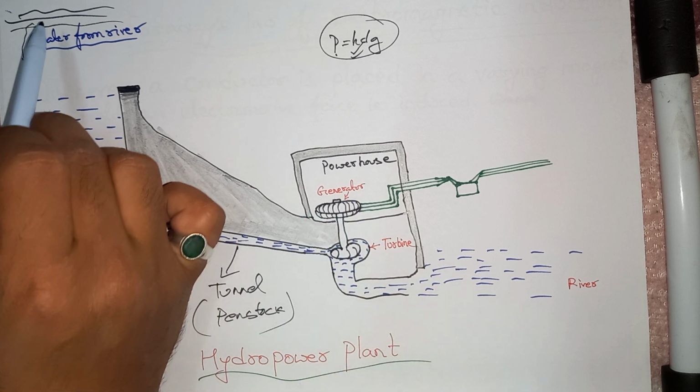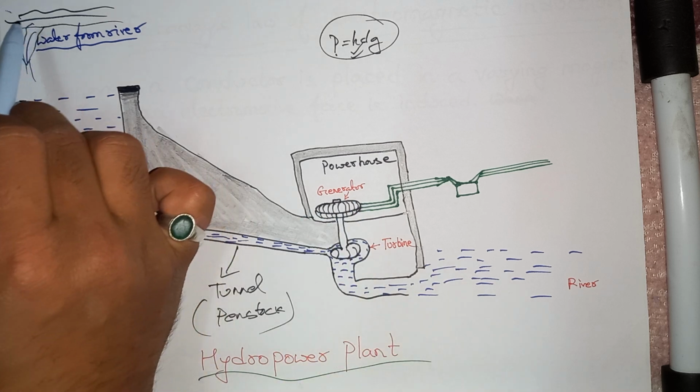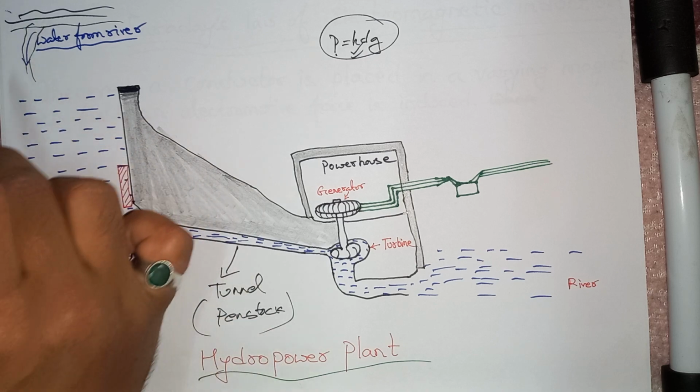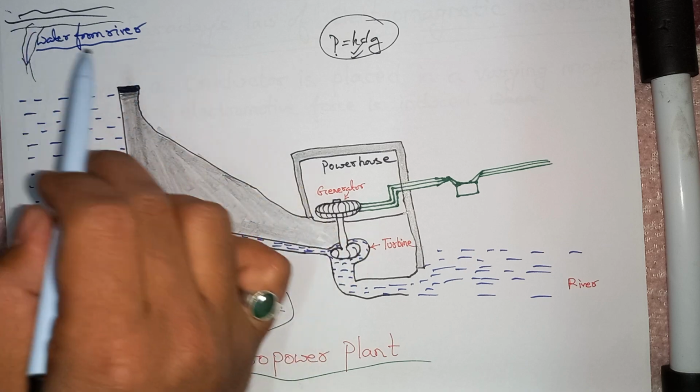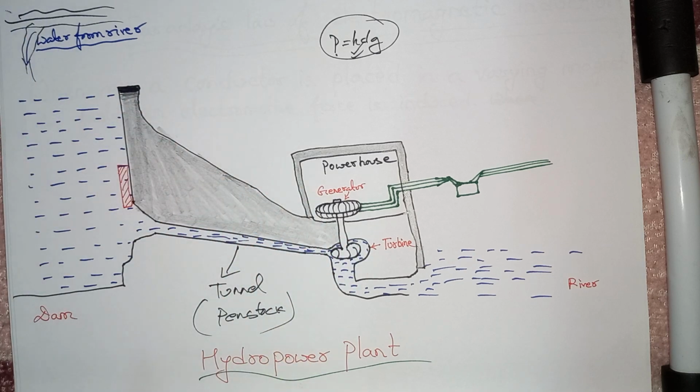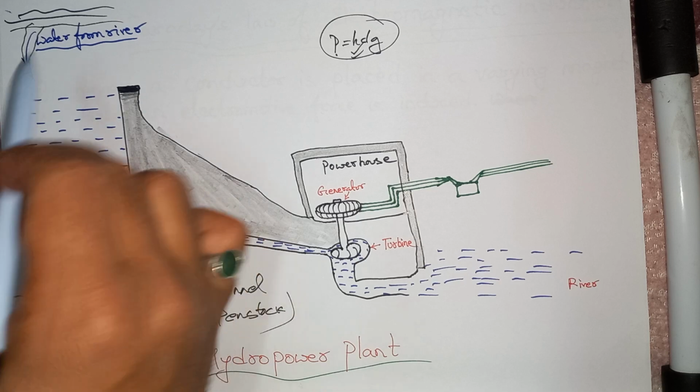Now we are clear that we have brought water from the river to a dam. We'll collect the water as we like. Sometimes in the rainy season the water will be more, and then we bring only a limited amount of water to the dam. So this will be the controller.